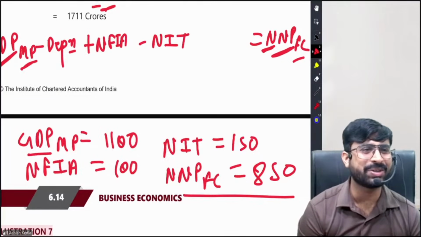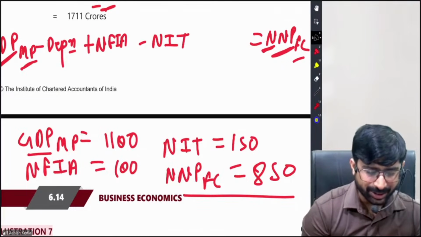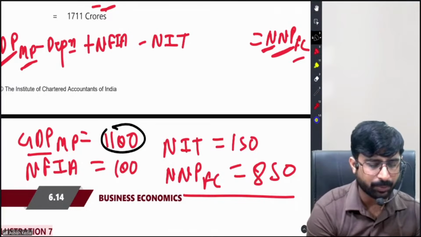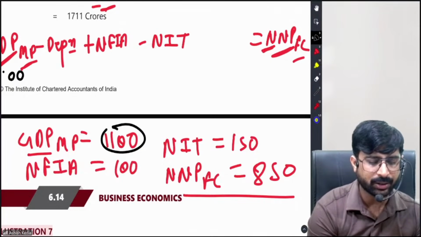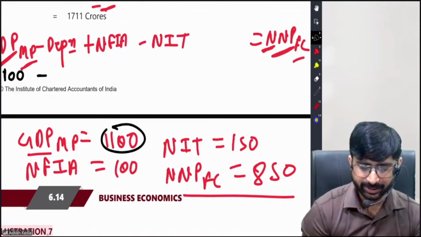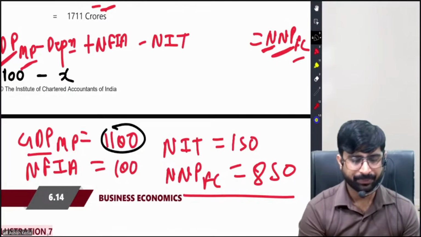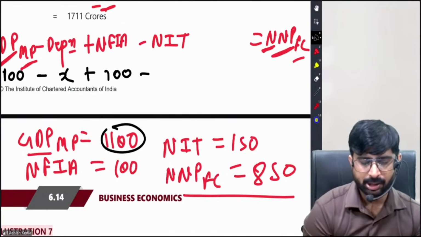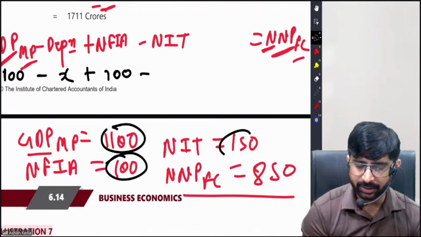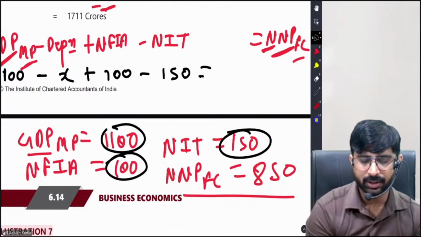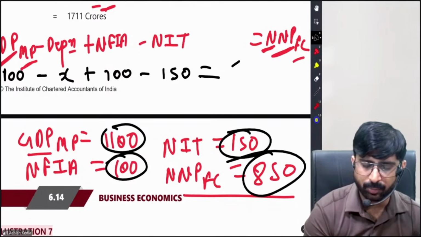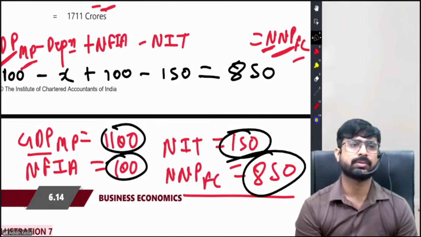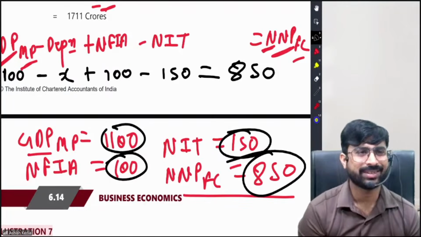So the missing figure you will get very simple. GDP at MP is how much? 1100. Put 1100 here. Minus depreciation X, plus NFIA 100, minus net indirect taxes 150, equals NNP at FC, which is how much? 850. Game over.